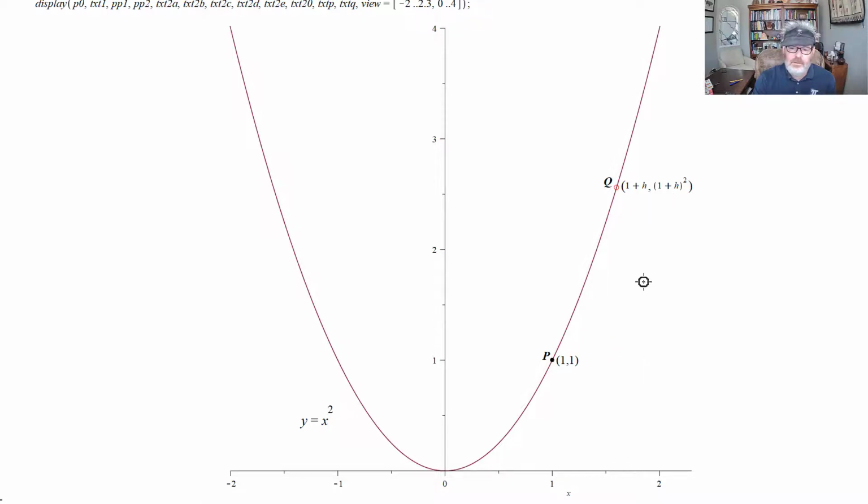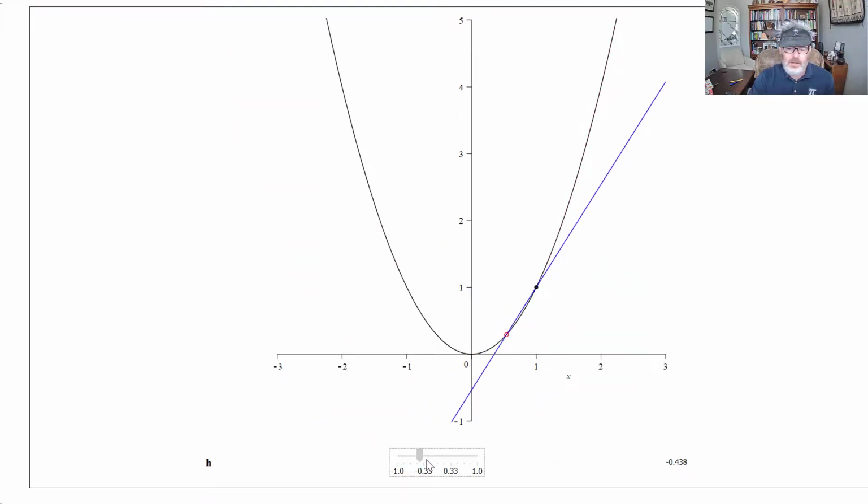And so now Q is just h away from P in the x anyway. So it's another way to look at the same process. The h way is not quite as natural, I don't think, but sometimes it's stressed because then it's easier to go to the derivative of a function that way.